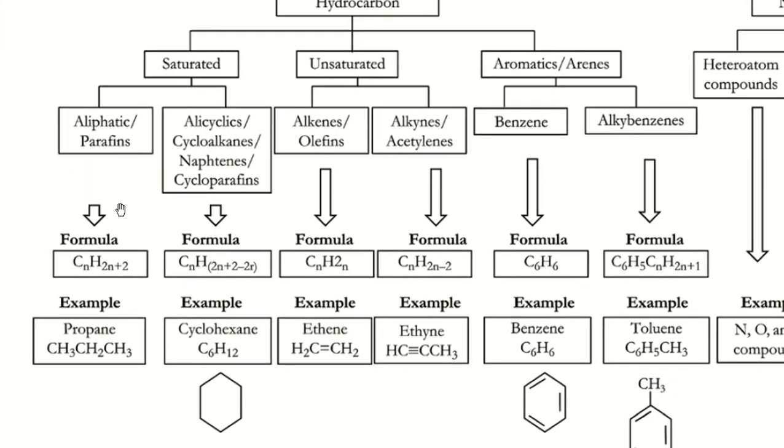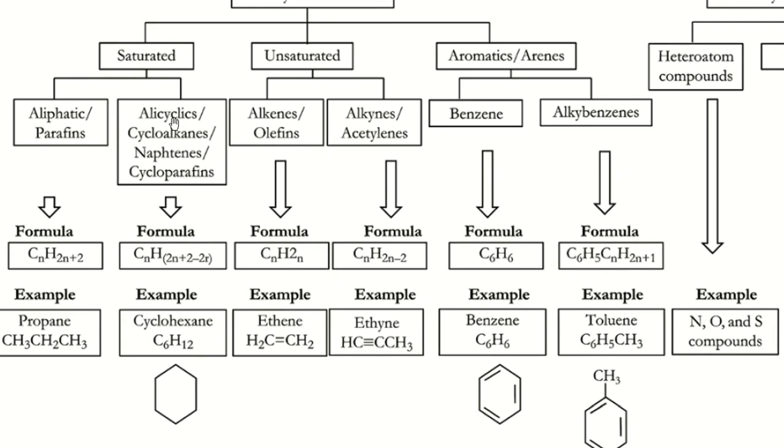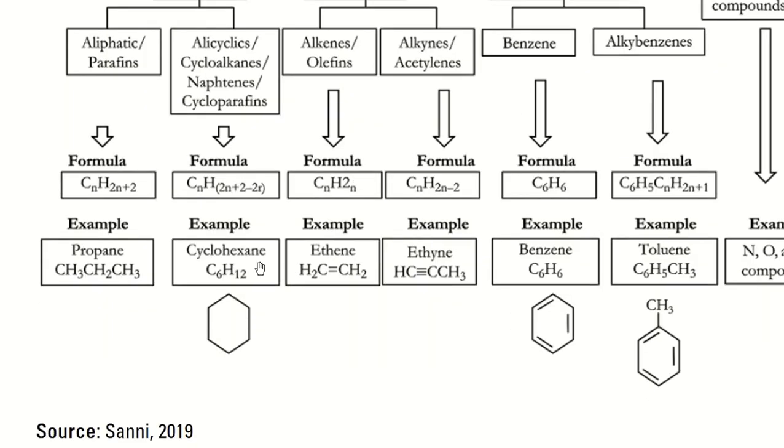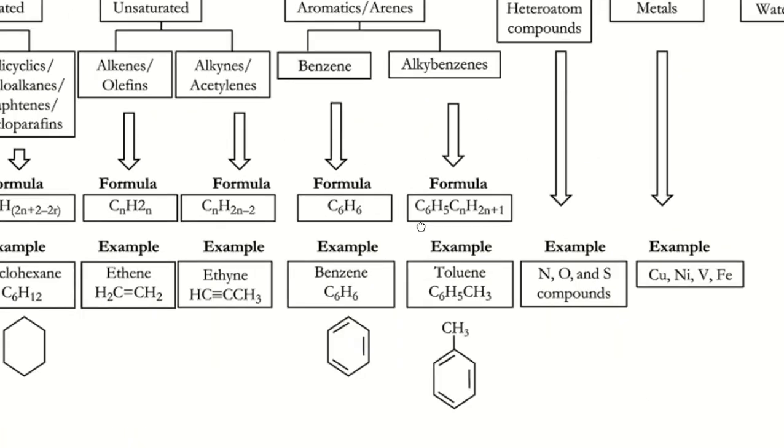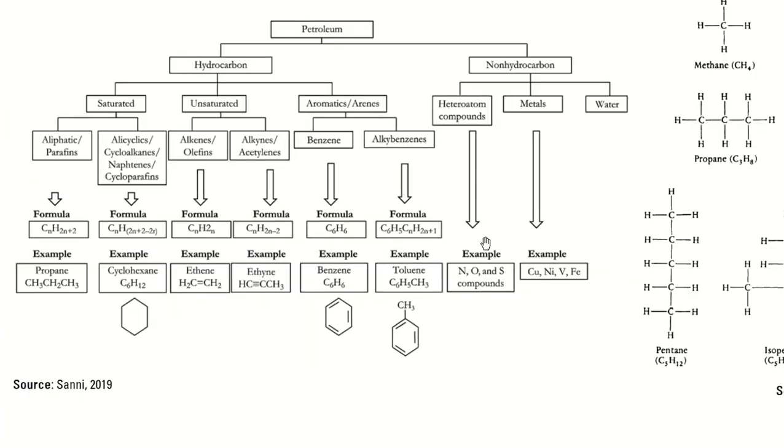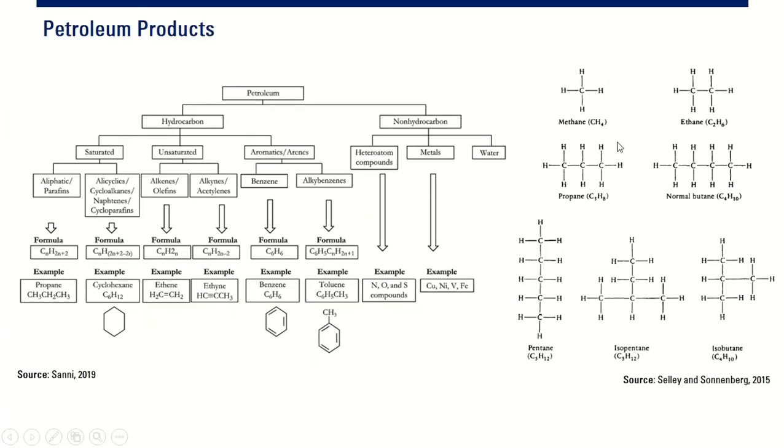For aliphatic, CnH2n+2, alicyclic is like this. And this is the simple chemical structure of methane, ethane, C2H6, and so on and so forth.